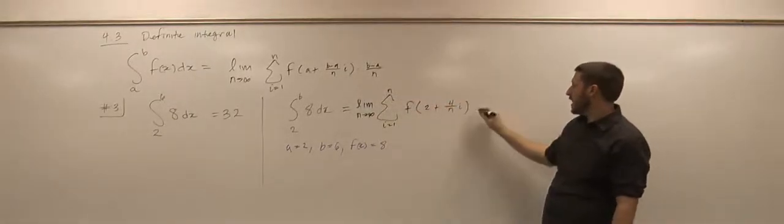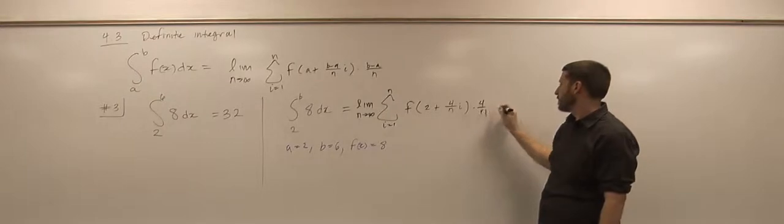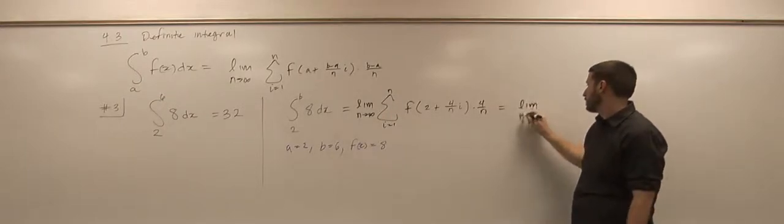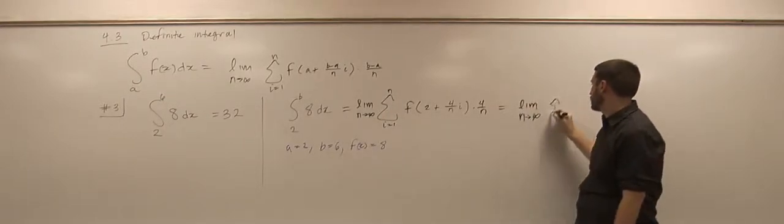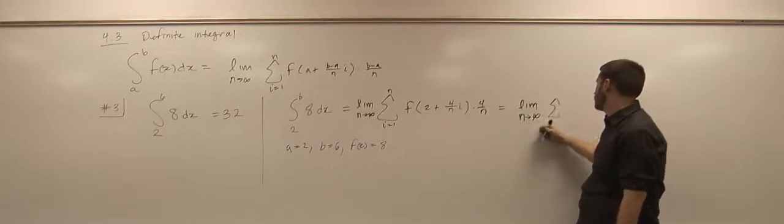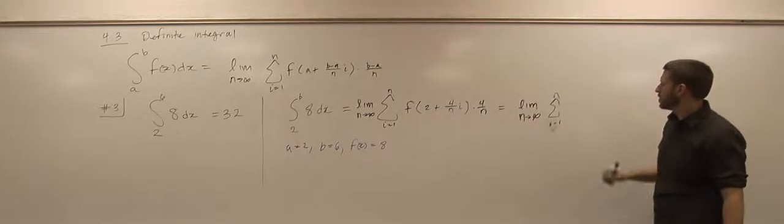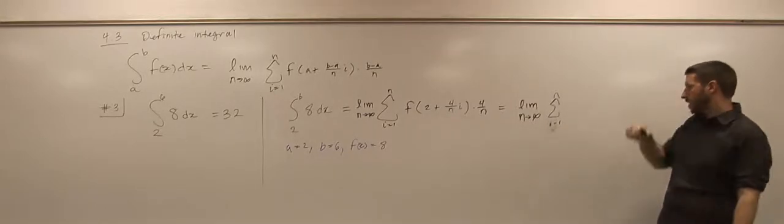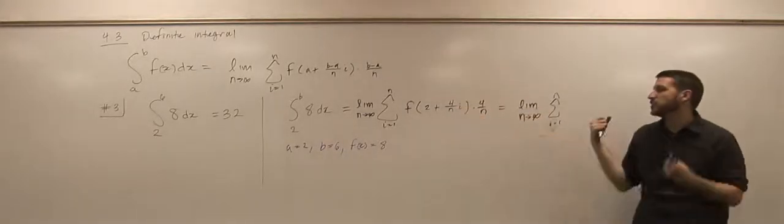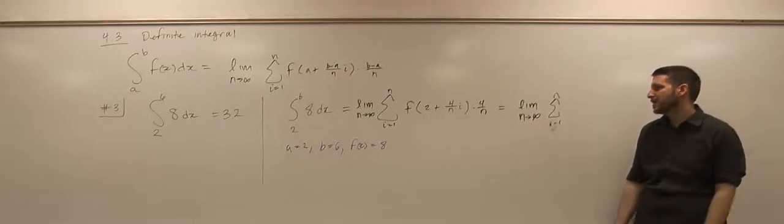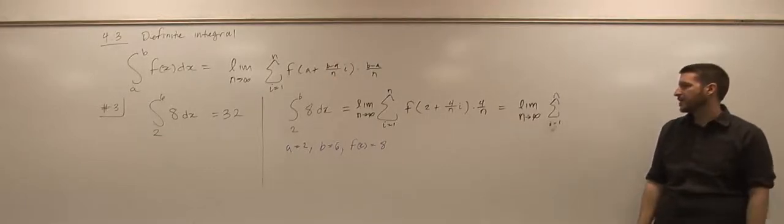And then on the outside I have 4 over n. Fortunately, because our function is so simple, this is going to simplify very nicely.